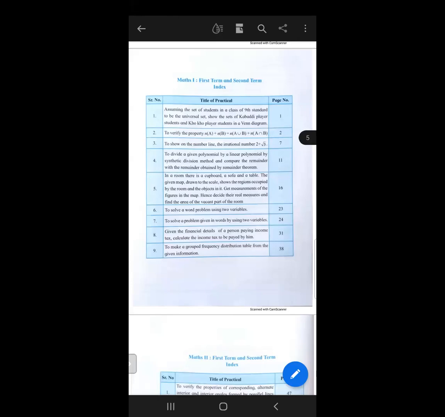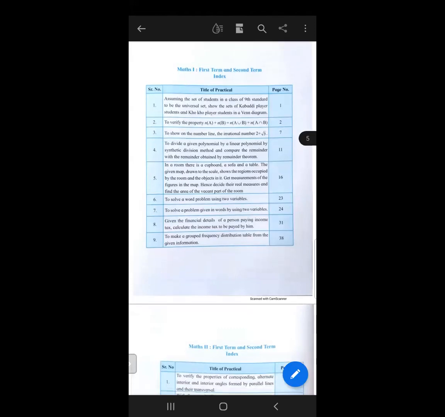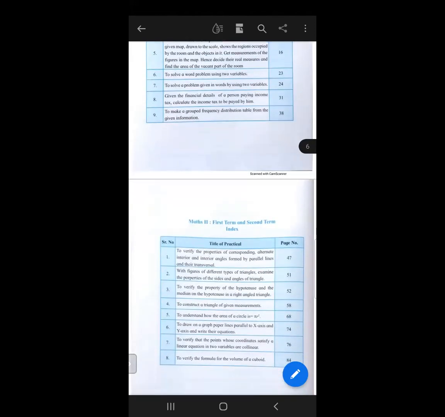Okay, now based on these two practicals, and whatever extra things or topics are not covered in the practical from lesson number 1, those particular examples are given in your practical book. Okay, so we'll see that.